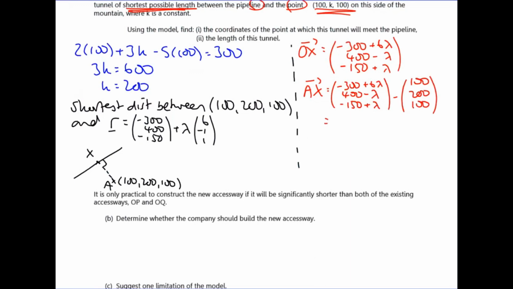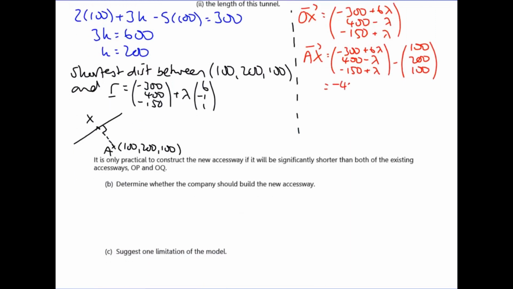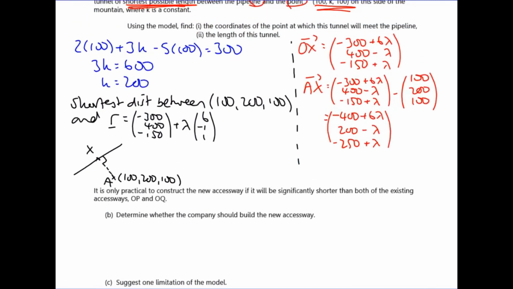And so I get minus 400 plus 6 lambda, 200 minus lambda, minus 250 plus lambda. So this is the same as what we did last time, but last time we had O instead of A. This time we've actually got to take them away from each other. I'm going to make a bit more space by moving this out. Hope that's okay.